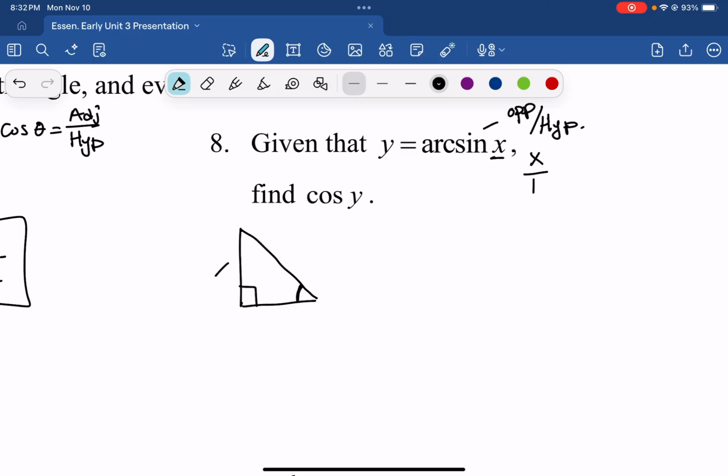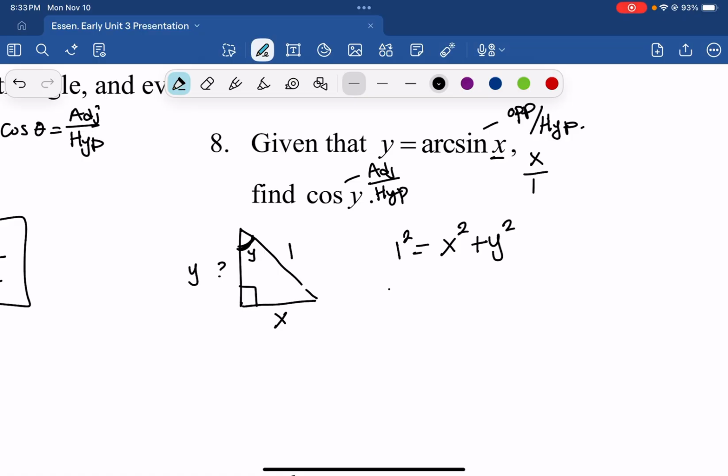So opposite, I'm going to label that x. We want to find cosine, which is adjacent over the hypotenuse, so I need to use the Pythagorean theorem to find that side. So 1 squared is equal to x squared plus y squared.